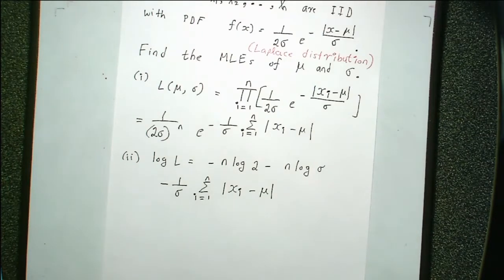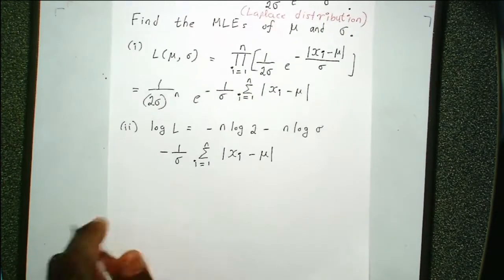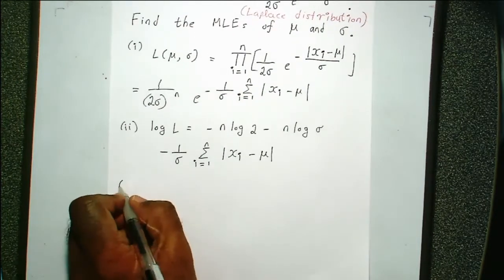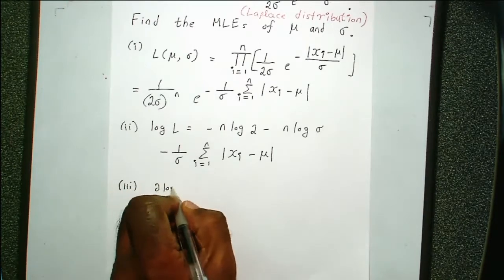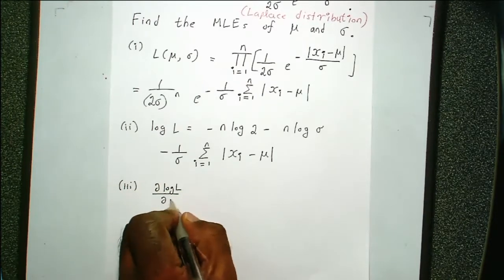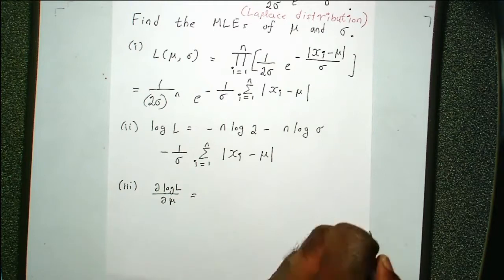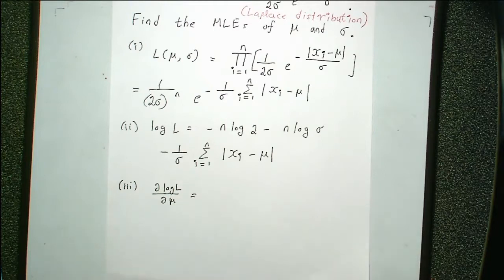All right. And step number 3 is to take the partial derivatives with respect to mu.